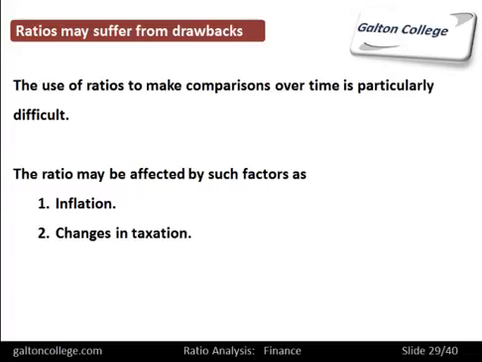So using the ratios to compare over time is not a useful exercise, simply because inflation has changed all of the accounts over that period. And the basis of the accounts, which is money, the value of money has changed over that period.